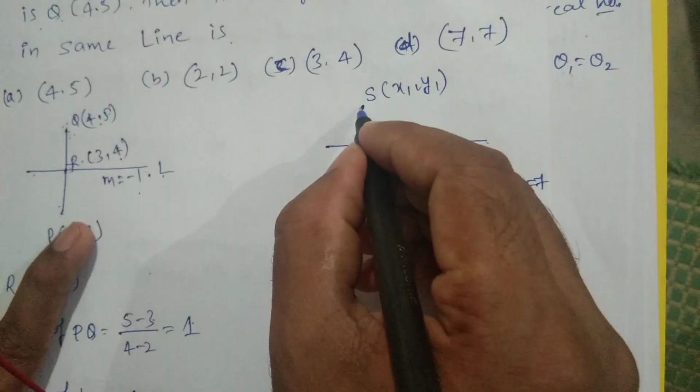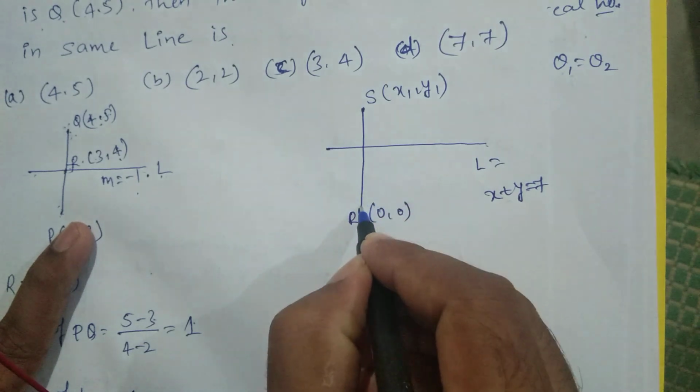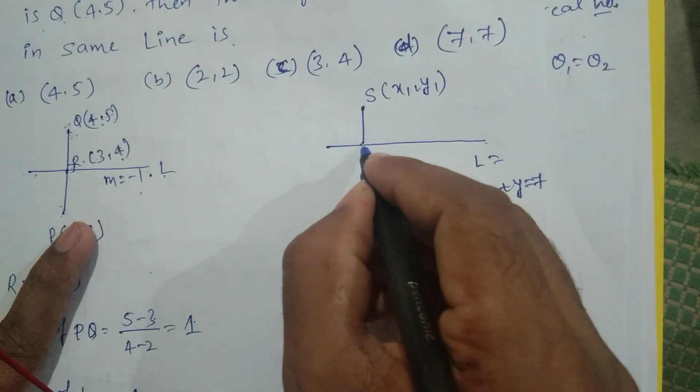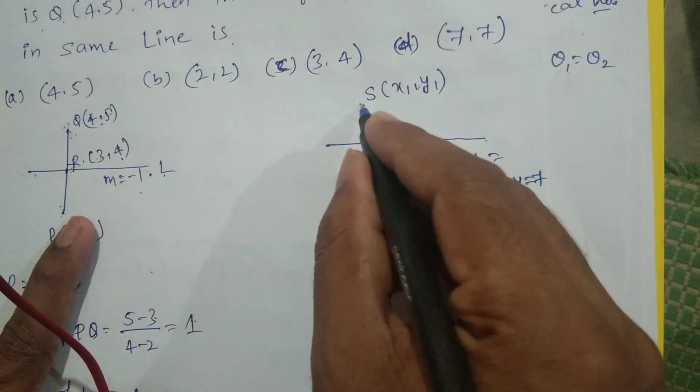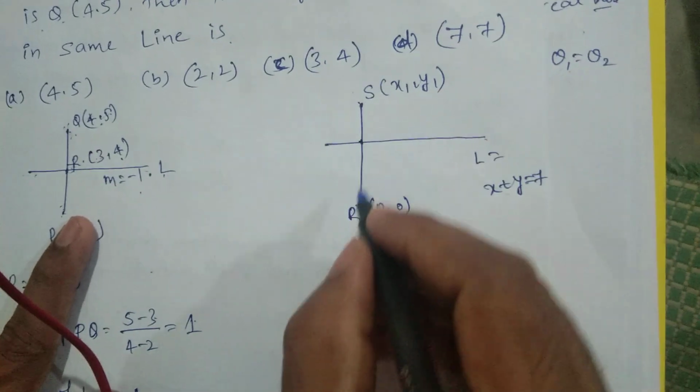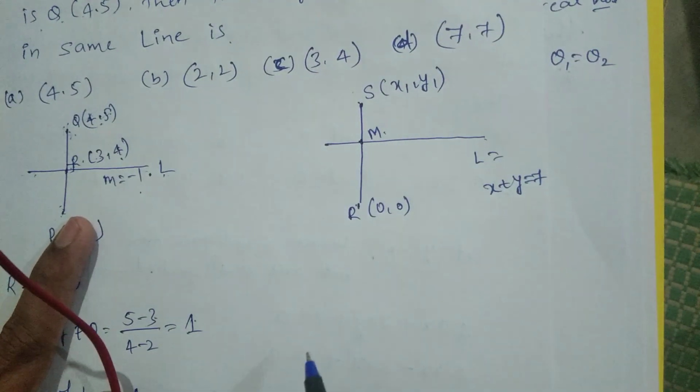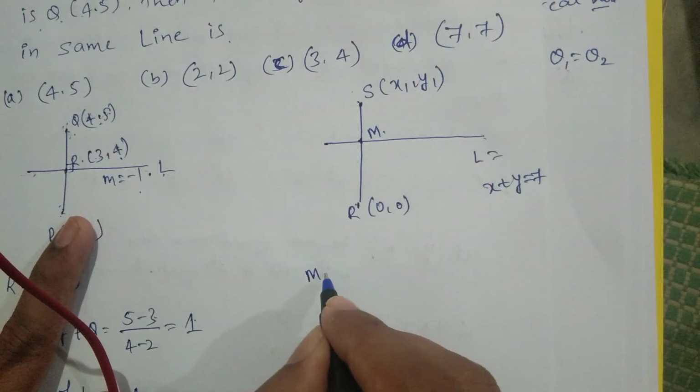Okay, now I will join those two points. I know that this is the midpoint of these two, which I will take as M. What is the M point?